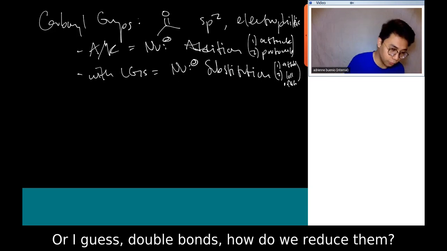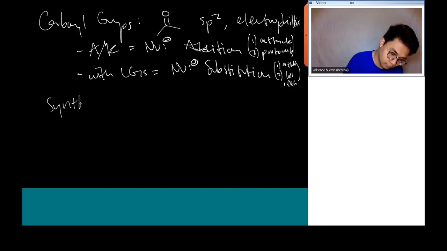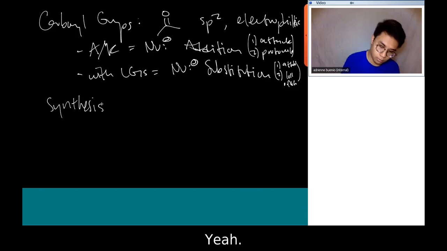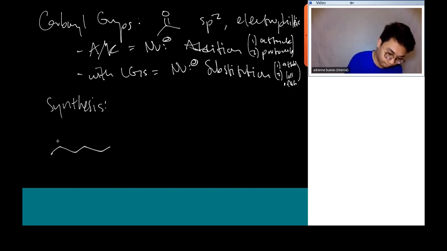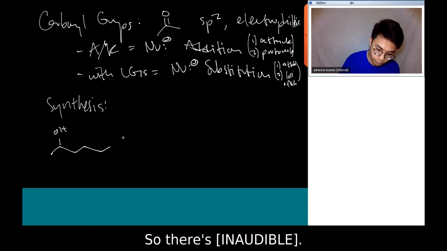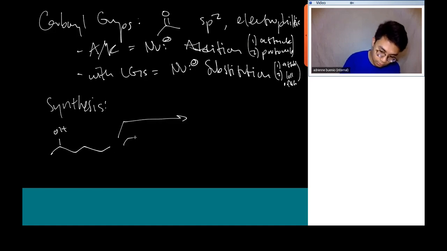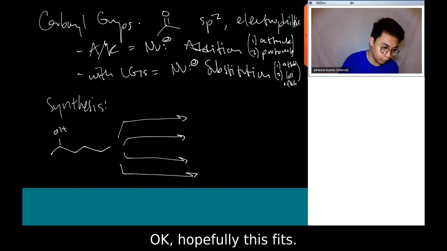And how do we get carbonyls, or I guess double bonds, how to reduce them. So just real quick, let's say we start with an alcohol group, right? So there's some ways. Okay, hopefully this fits.